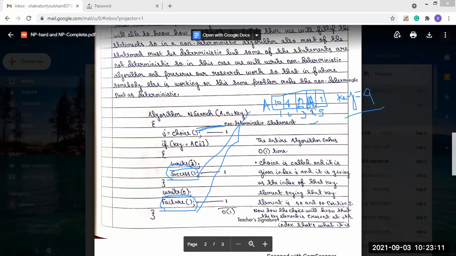If we can solve exponential time algorithms in polynomial time, or if we find any searching algorithm that takes order of one time, this is the thing. Clear to everyone?